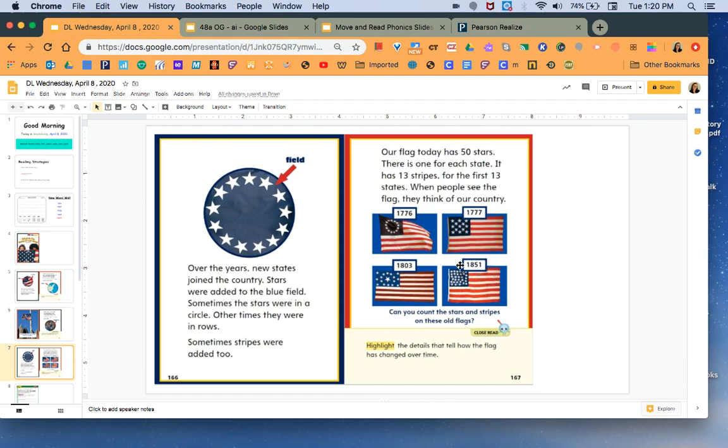So if I look at these flags, I can see the details that each of these years, the flag has changed. I can also see over here a detail. It says, over the years, new states have joined. Stars were added. That would be a detail of how it changed because the stars were added to the blue field. Nice job, guys.